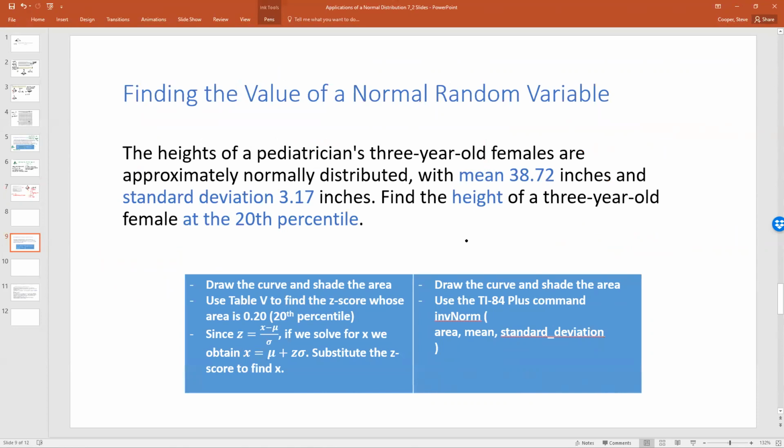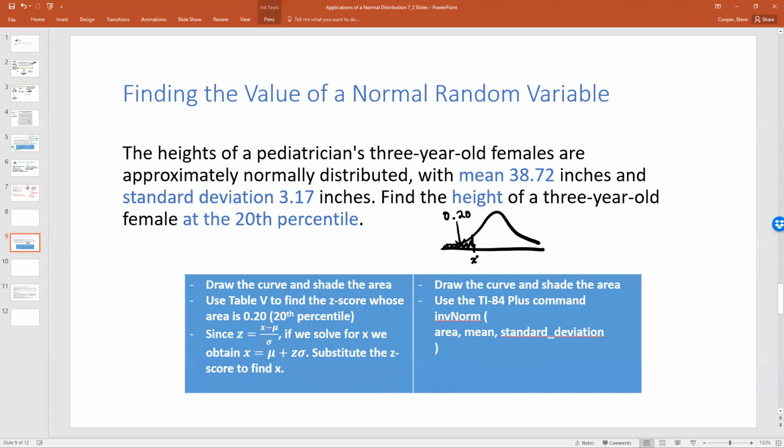So the 20th percentile is where the area to the left of X is 0.20, a 20% probability that a randomly selected person, or 20% of the population, fits into that.